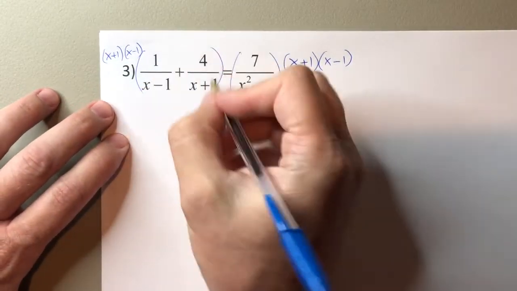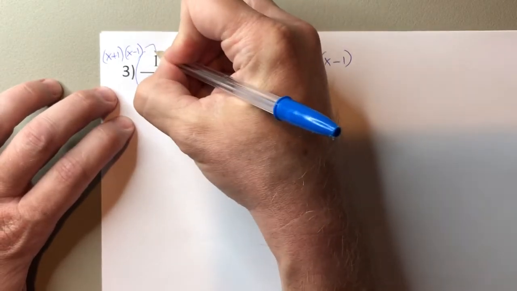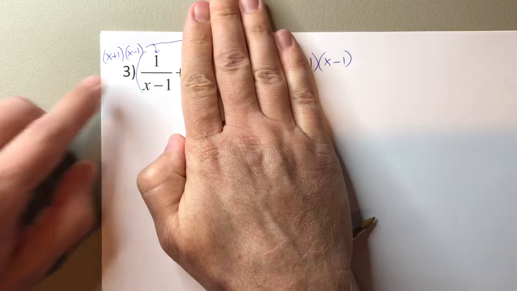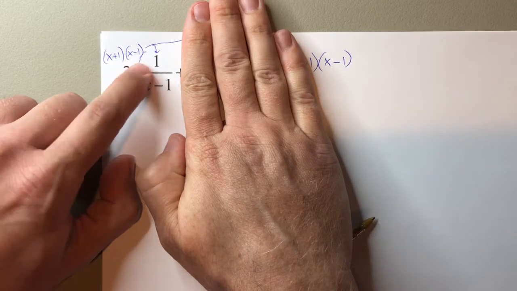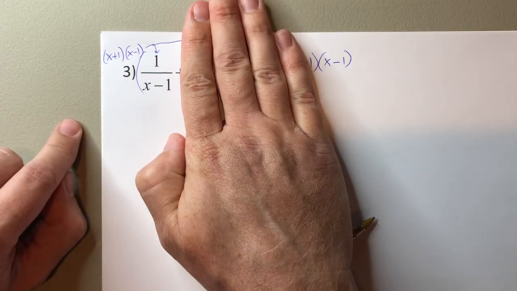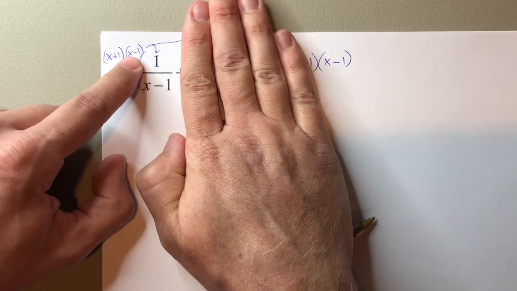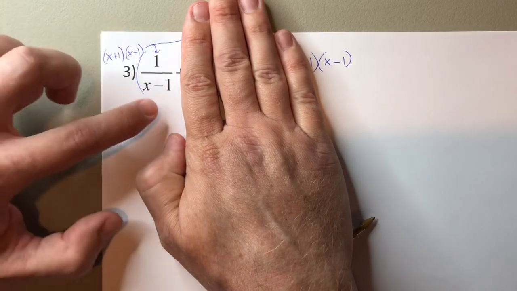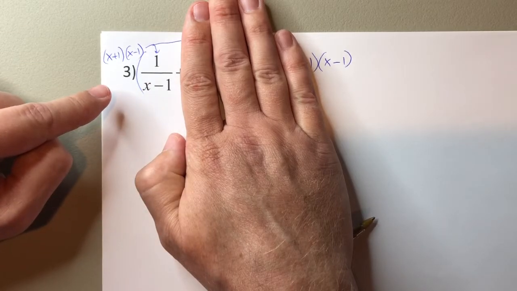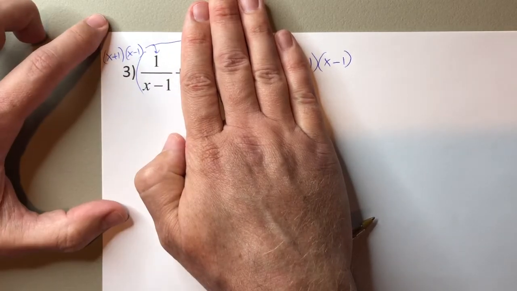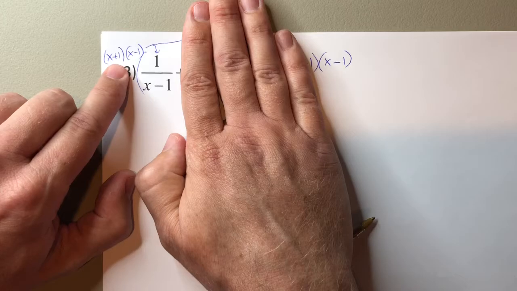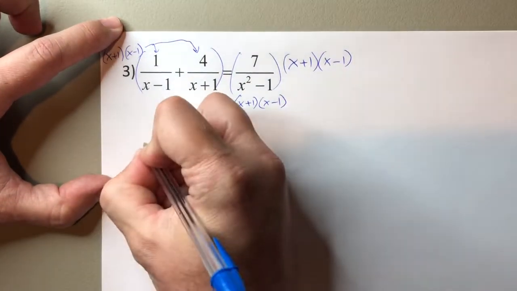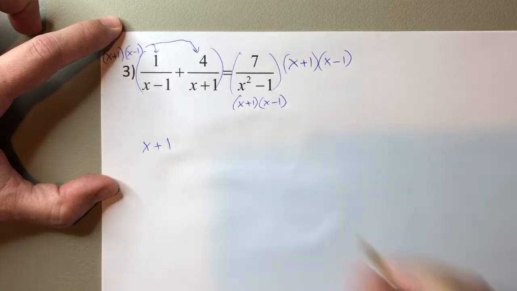All right, so on the left-hand side, let's begin the distributive process. So x plus 1, x minus 1 times 1 over x minus 1. Note, you have an x minus 1 over another x minus 1. So in this first wave of the distributive property, the x minus 1s are going to be eliminated. And you just get x plus 1 times 1, which is x plus 1.